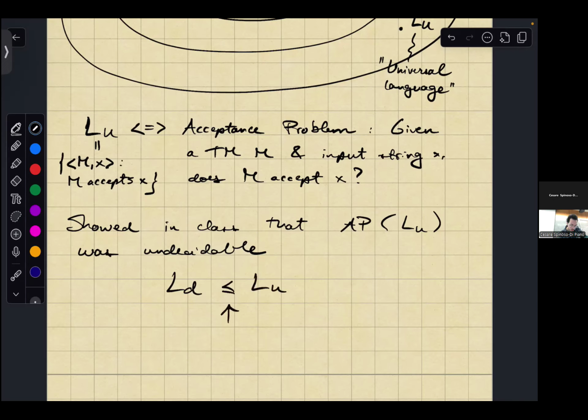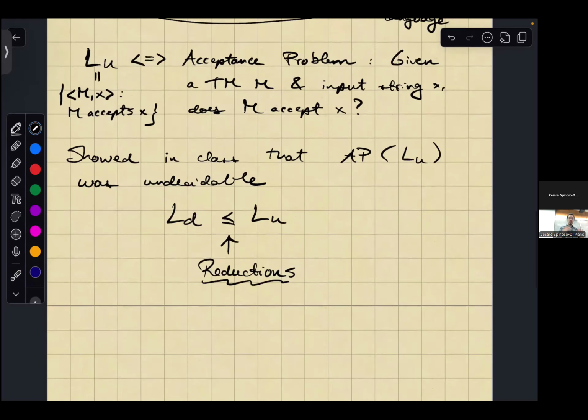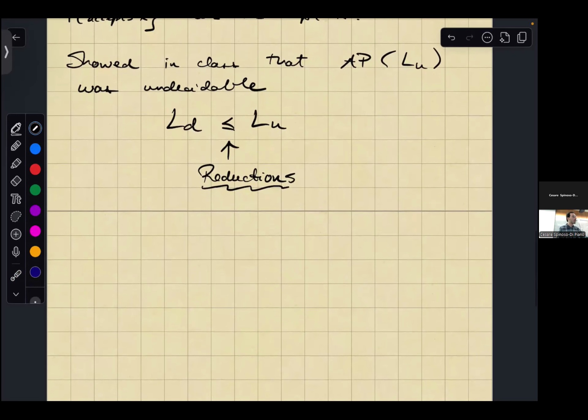So the way you showed that AP or L sub U was undecidable was by reducing it from the diagonalized language. And so reductions will be the first major topic of today's tutorial because they'll be quite important for the problem sets and the final exam. Okay, so any questions?